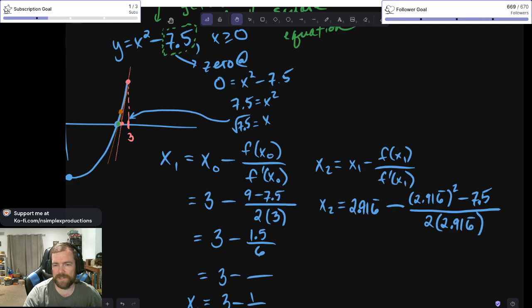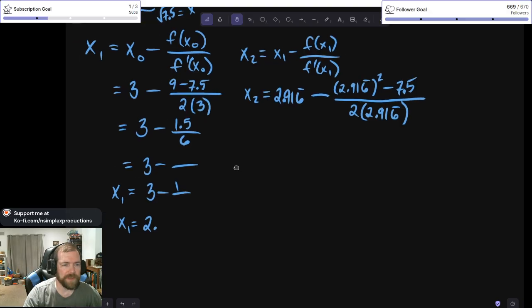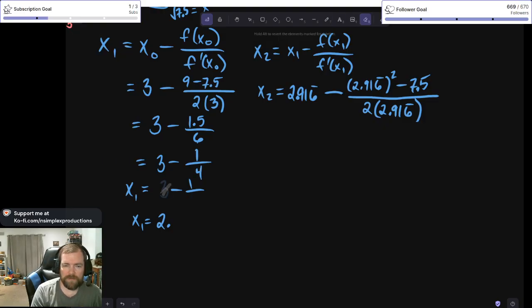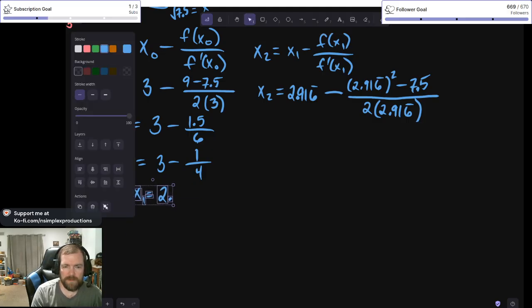It's, like I said, the same formulation. I just screwed it up. 1.5 over 6 is the same as 1 over 4, which now, again, is 2.75.